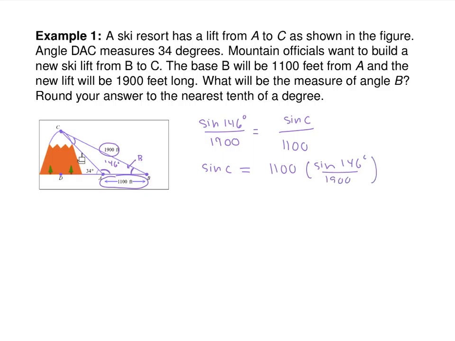Now make sure your calculators are in degrees and get a decimal for this. Give it a try, because I got something and I want to know if you get the same thing. So do sine 146, divide it by 1900, and then multiply it by 1,100.